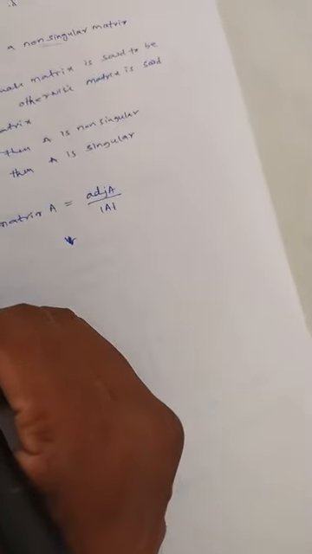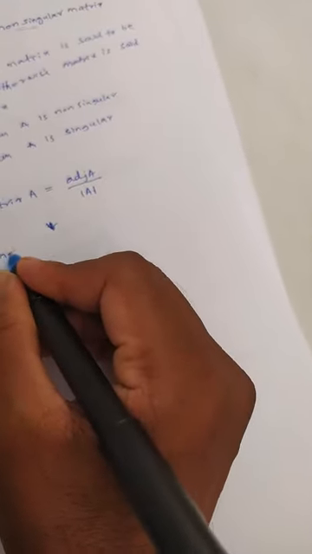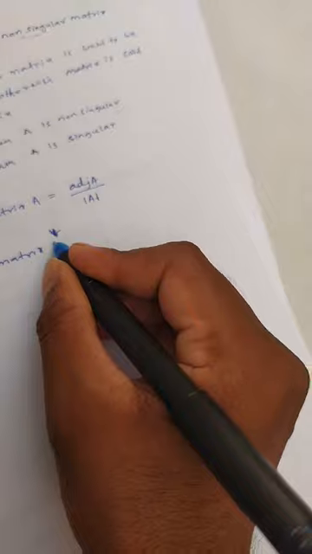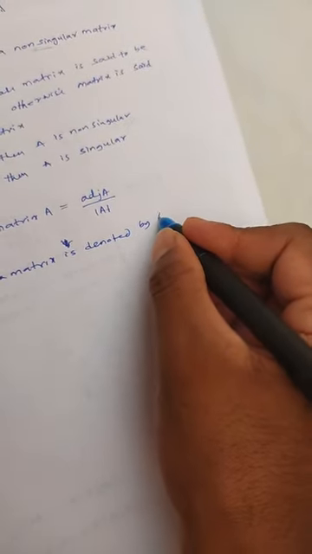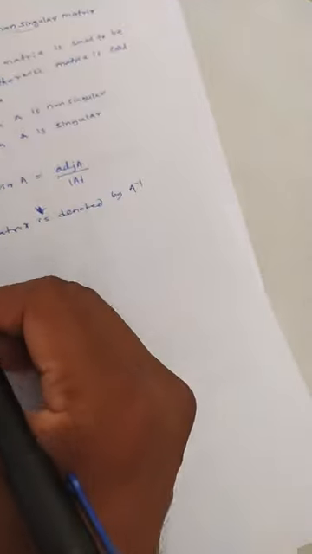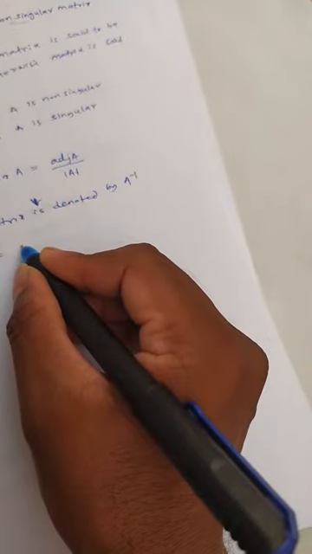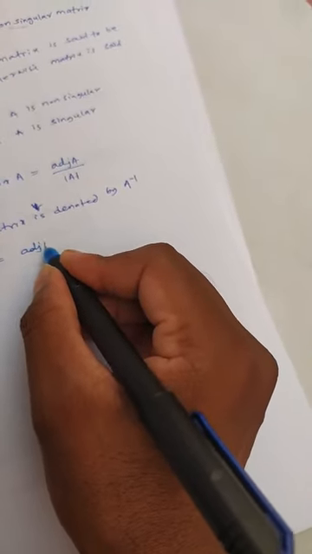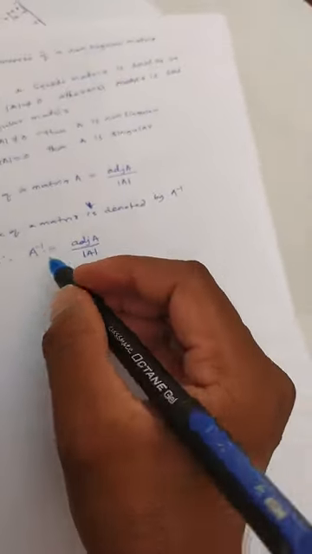And one more thing, the inverse of a matrix is denoted by A inverse. So how to find A inverse? To find A inverse, we need adjoint A. After getting the adjoint of A, we have to divide each and every element of that matrix by the determinant of A. So what is the condition to find A inverse?